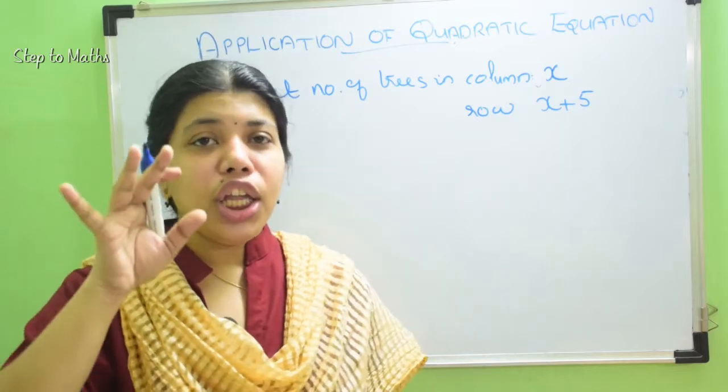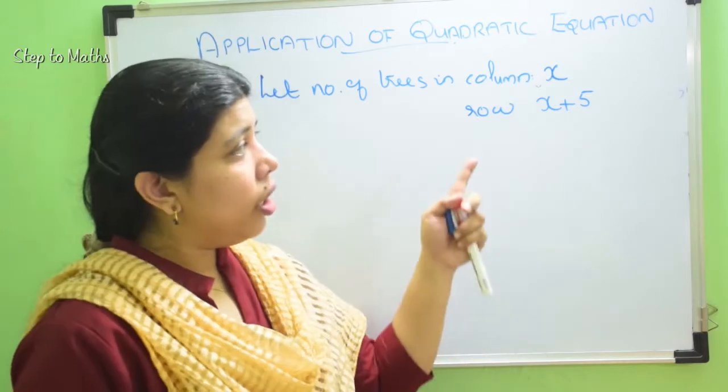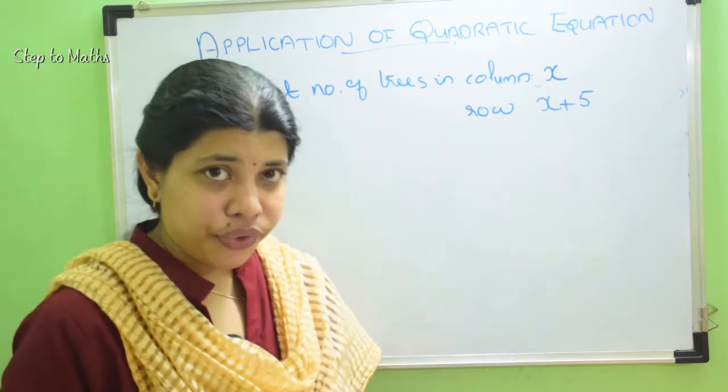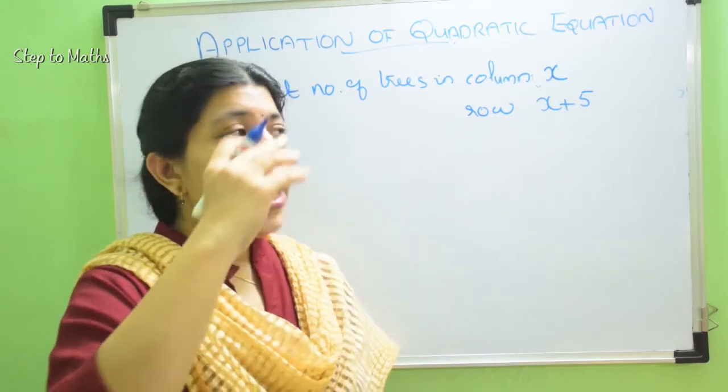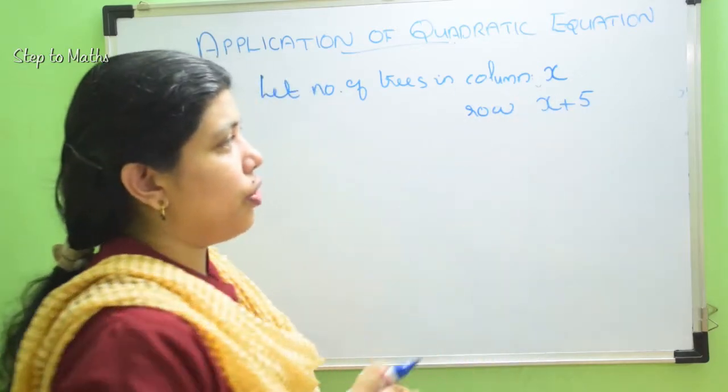Assume in the first column, if there are X trees, then in the first row there are X plus 5 trees.